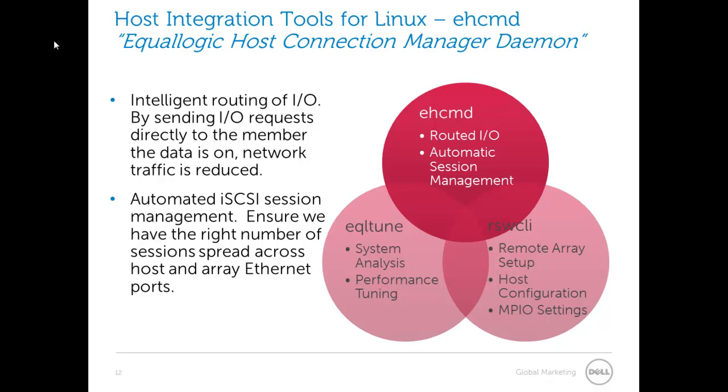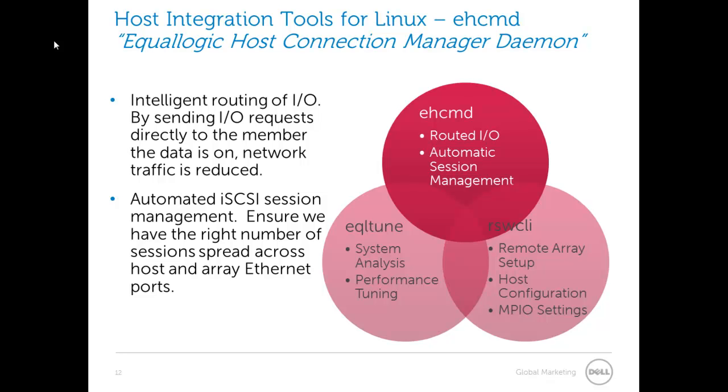Next is the EqualLogic Host Connection Manager daemon, EHCMD. To repeat, EHCMD replaces multipath-D, and you no longer have to manage MPIO by using multipath.conf. EHCMD does intelligent routing of I/O, which will improve latency and reduce overall network bandwidth by eliminating I/O forwarding among group members.